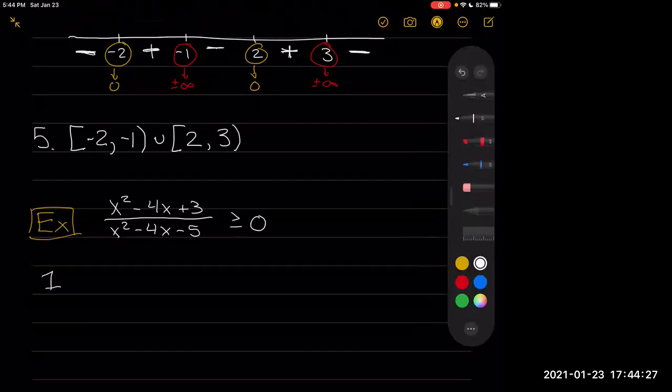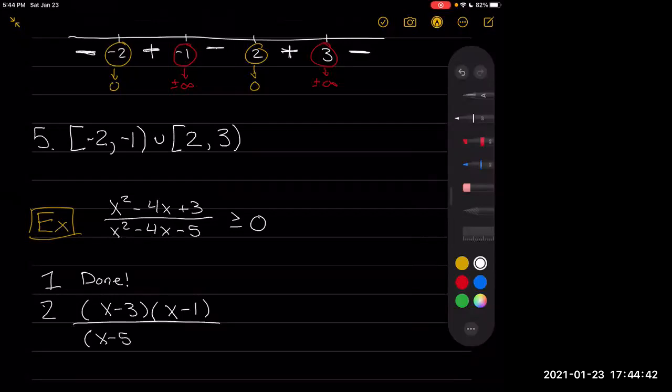So for step 1, we're done. It's already all on one side. All right, so for step 2, when we factor, we will see that we have an x minus 3, an x minus 1 over x minus 5 times x plus 1 with our cut points -1, 1, 3, and 5.